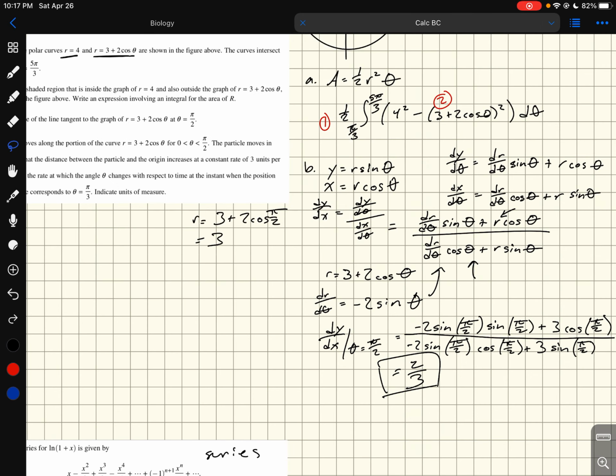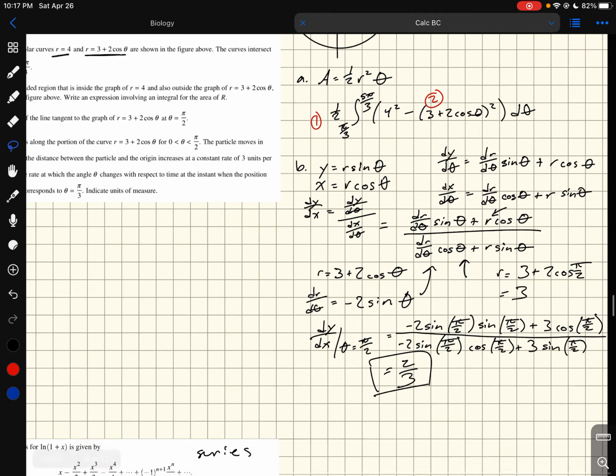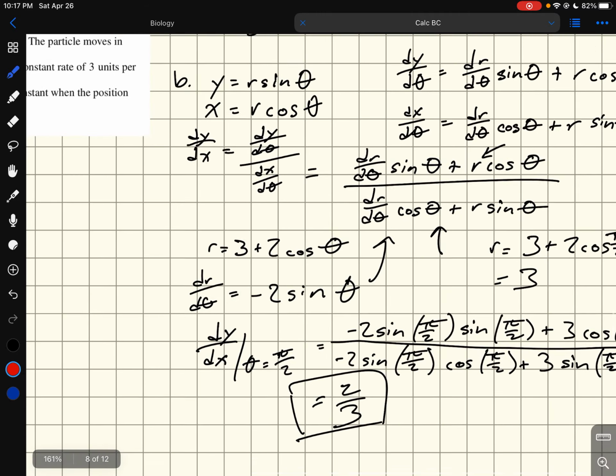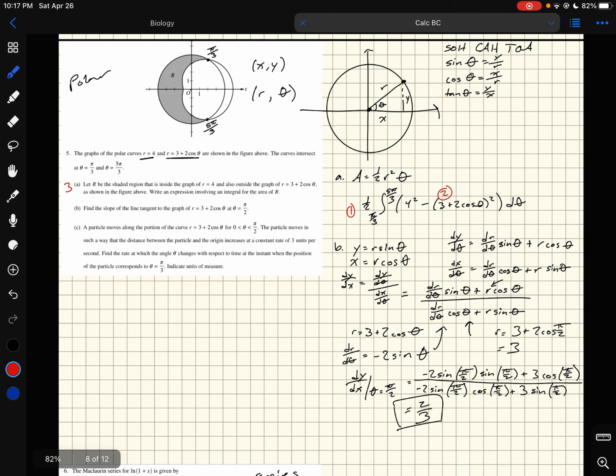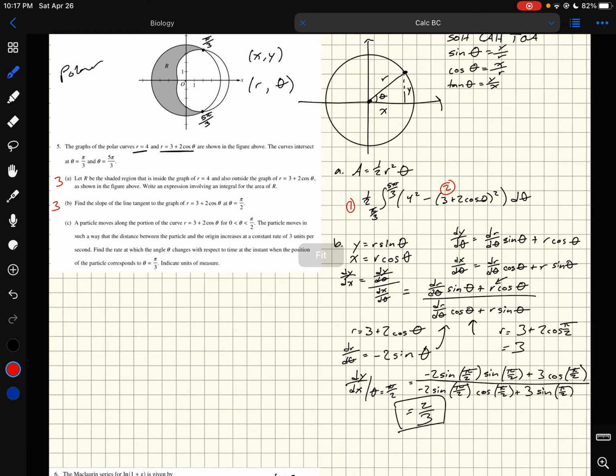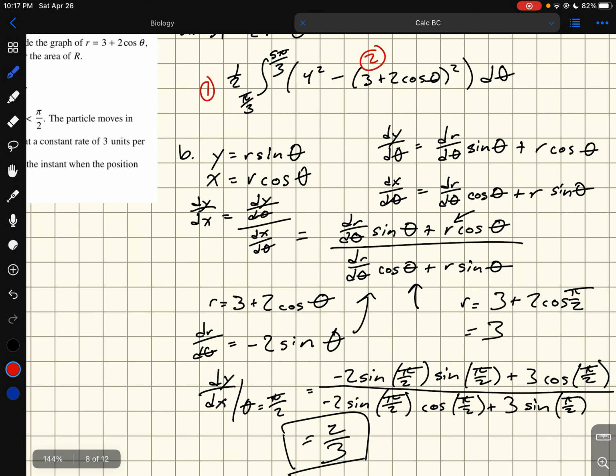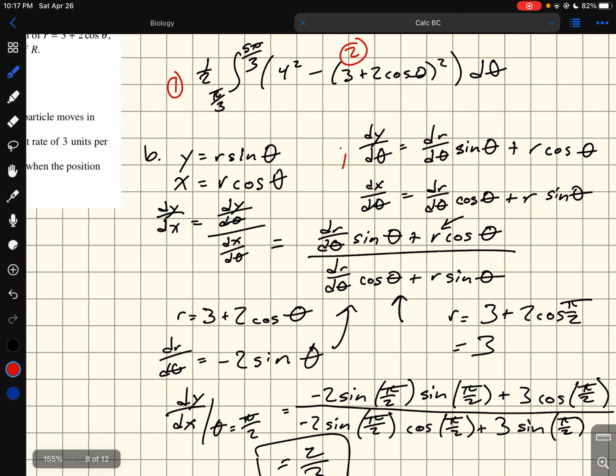I'm going to move this. Oh, shoot, it took the entire thing. Move this over here. It's kind of messy, but this one's worth 3 points. We get 1 point for our dy d theta or dx d theta.